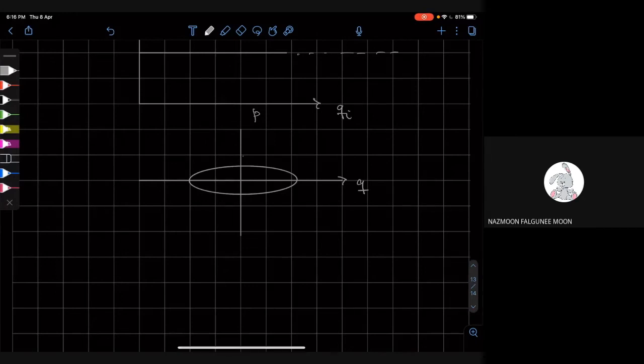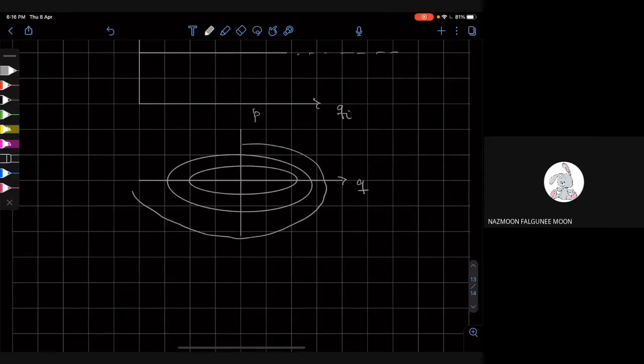These ellipses would, oops, sorry, that's not an ellipse. Okay, and these ellipses would not intersect with each other. So this is not a perfect ellipse, but, right.